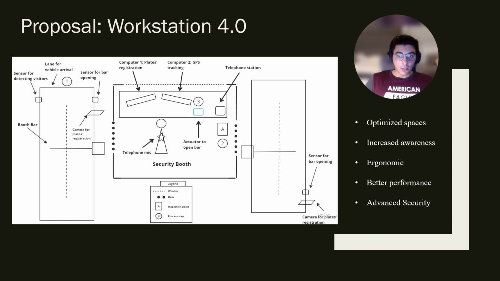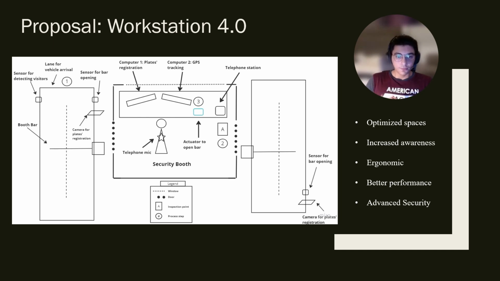Also, it will increase awareness as the sensor will make, as mentioned before, response time quicker. Because imagine, sometimes cars enter the neighborhood and the guard doesn't realize when they're there. So the sensor will help as an actuator for the security guard to notice when someone actually enters the neighborhood.